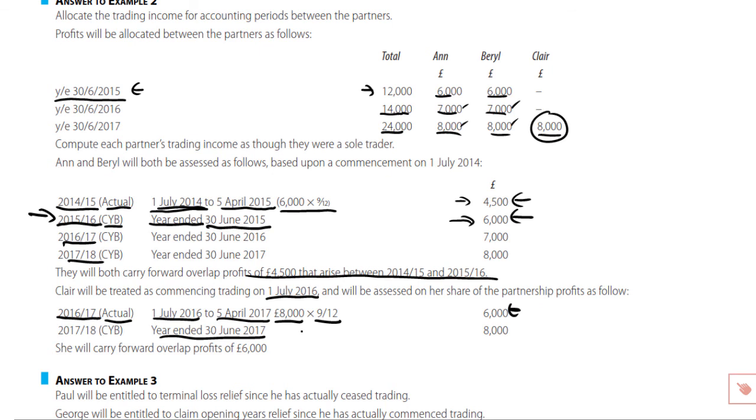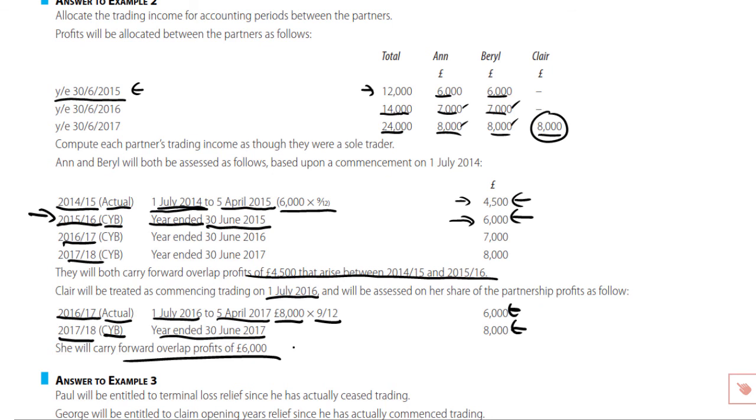Yes, she joined on the 1st of July 16, so for her it is a year ended the 30th of June, ended in the 17/18 tax year, so we can use CYB basis of assessment. And as we know, that's £8,000 of profit. We've already assessed 6,000 of that 8,000 in 16/17. There's your overlap profits, £6,000.